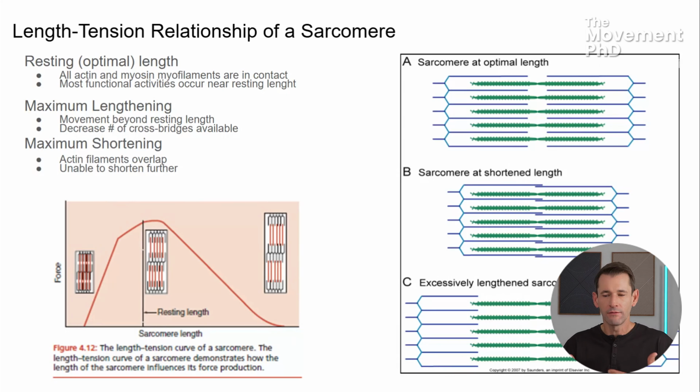Resting length, I have good cross-bridging, and I still have room to slide, so maximum tension is generated near that resting length. Maximum lengthening, I don't have very good cross-bridging because not very much of that actin is overlapping those myosin. So this is an important concept. Review this several times. I will review this concept as we go through the different units as well.